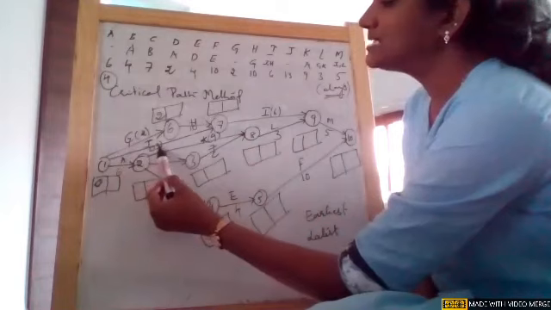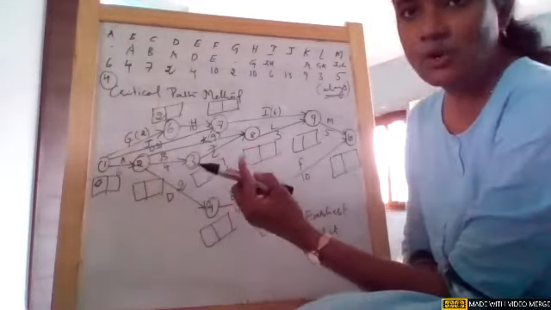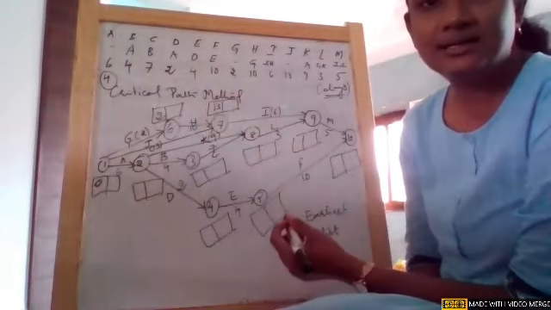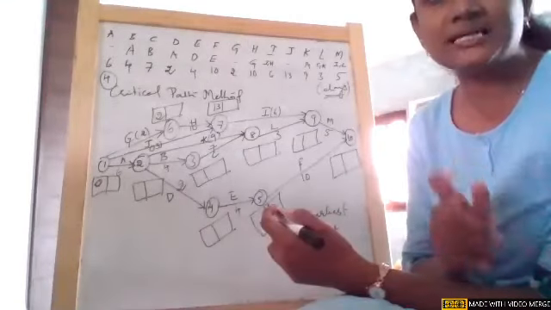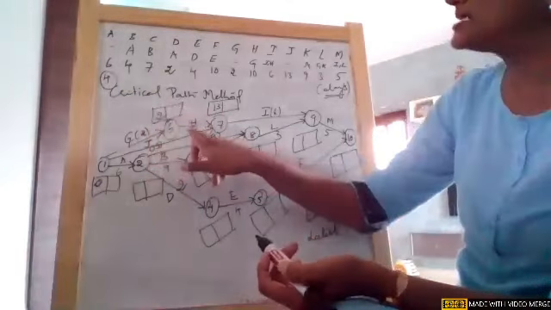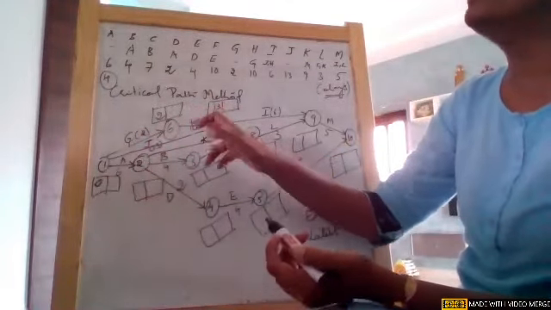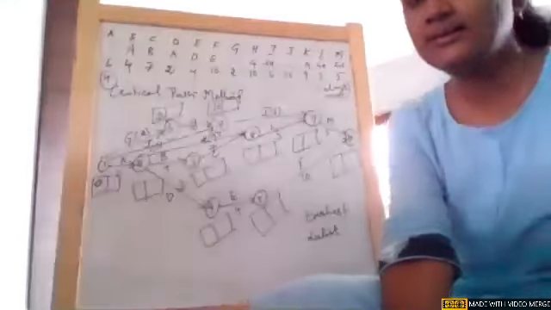So 0 plus the duration is 13. It is 0 plus 13, which is 13. Out of 13 and 12, 13 is the maximum. So I write 13. When there are 2 arrowheads, I need to write the maximum value. Again, I'll repeat, 2 plus 10 is 12, and 0 plus 13 is 13. So out of 12 and 13, 13 is the maximum value, so we take that.